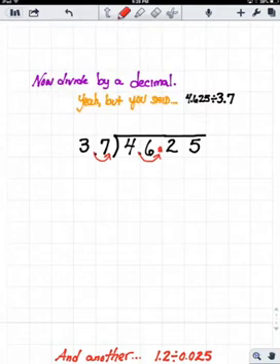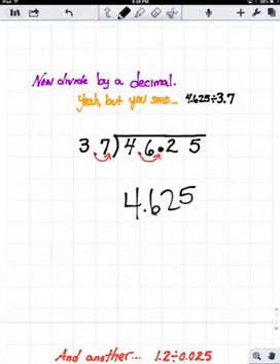So now I have 46.25 divided by 37. Now I can do my division. The rationale is, remember, this 4.625 divided by 3.7 is just a fraction. 4.625 over 3.7.